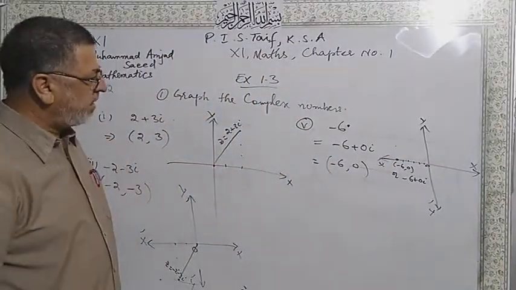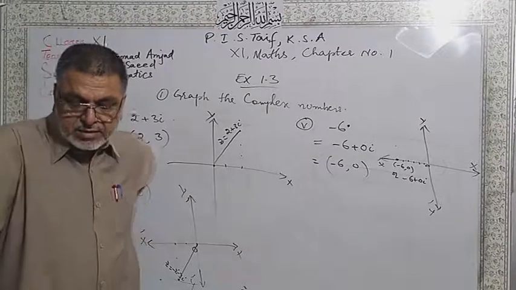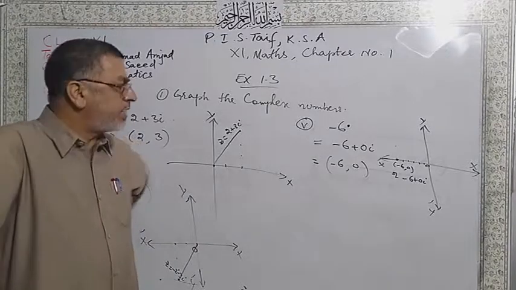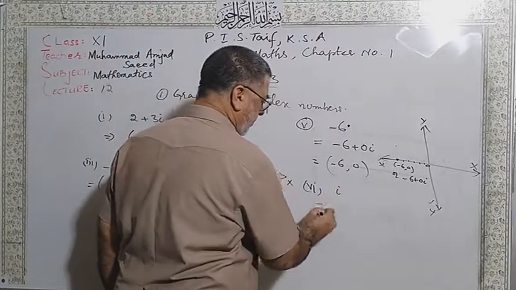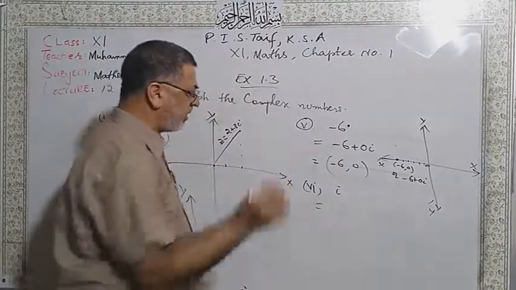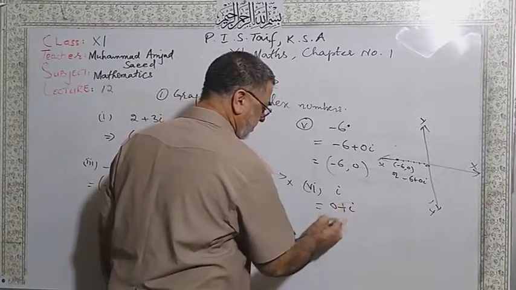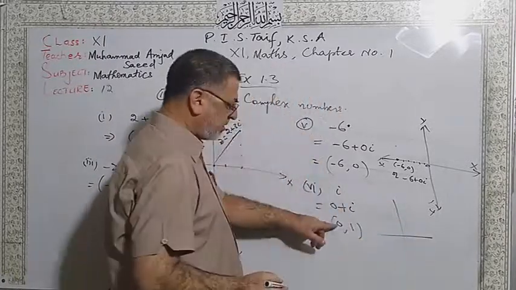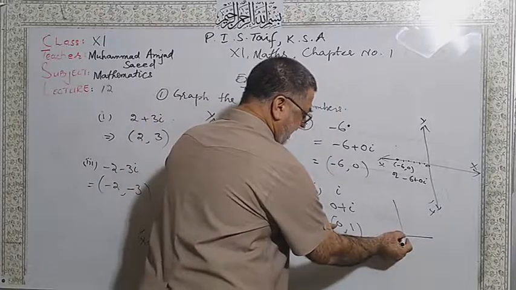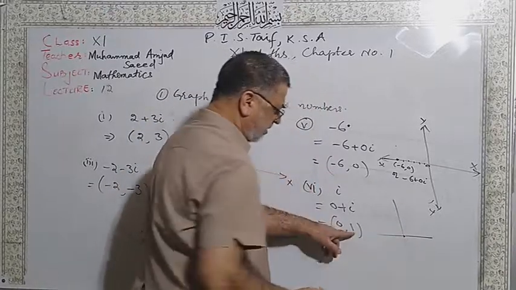And after that, in part number 6, iota, and you can write it as 0 plus iota, because the imaginary part is given, no real part. You can have 0, 1. What about 0? X is 0, you are at the origin.